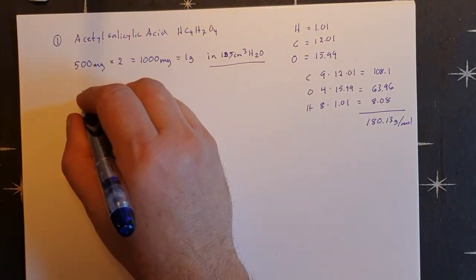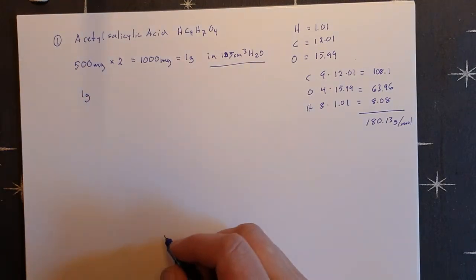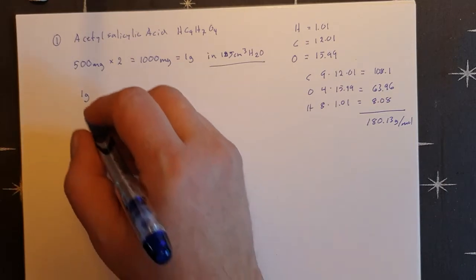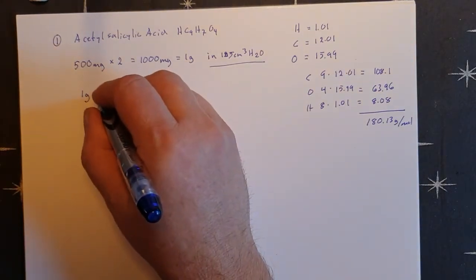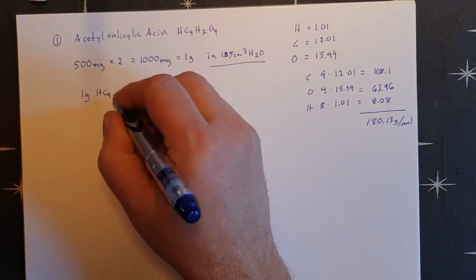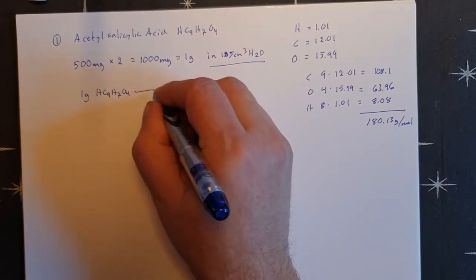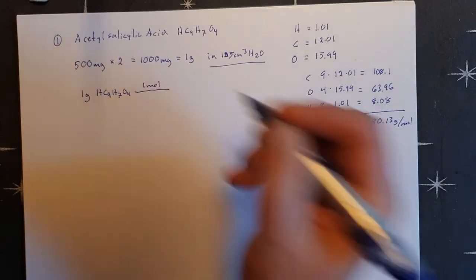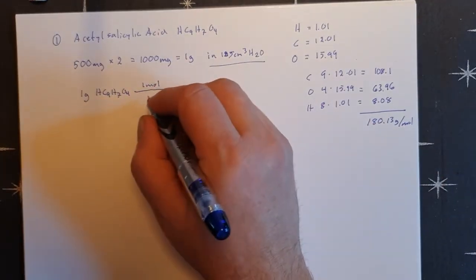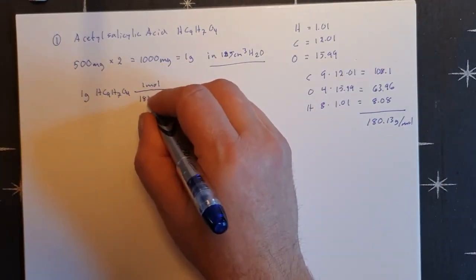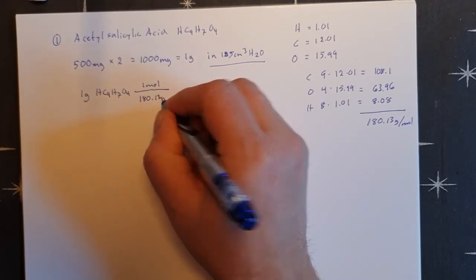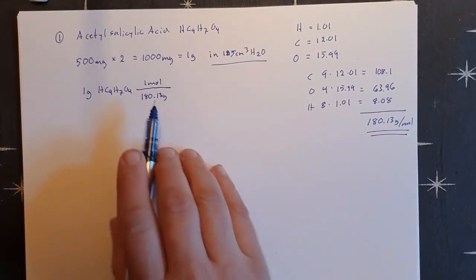So first thing we need to do is find the molar concentration. And the first thing you have to do for that is divide by the molar mass to find the number of moles. So 1 gram of HC9H7O4, 1 mole of the same stuff divided by 180.13 grams from over here.